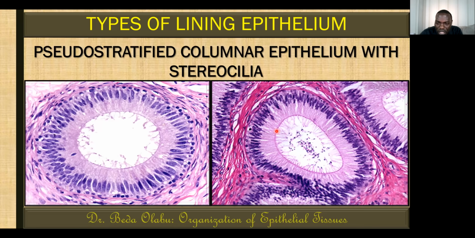Then you see projections into the lumen, the apical surface. Those projections are stereocilia. Pseudostratified columnar epithelium with stereocilia. These are histology slides of the epididymis.